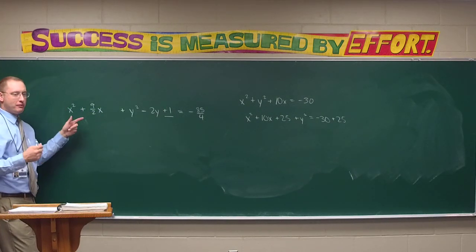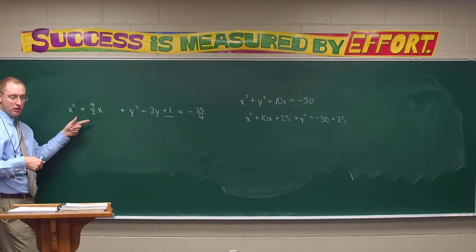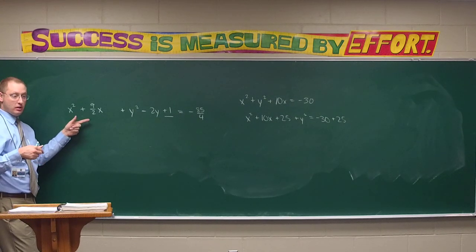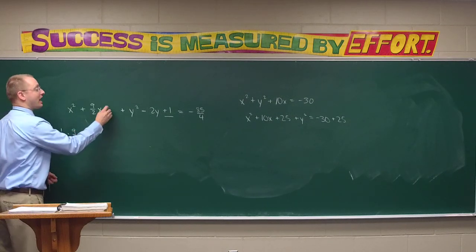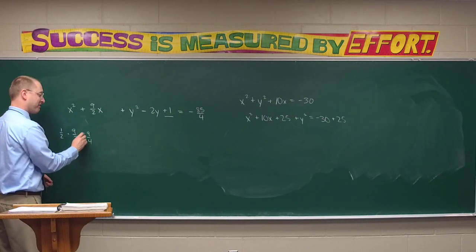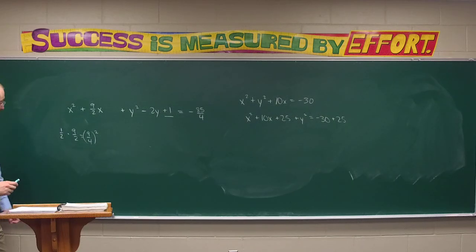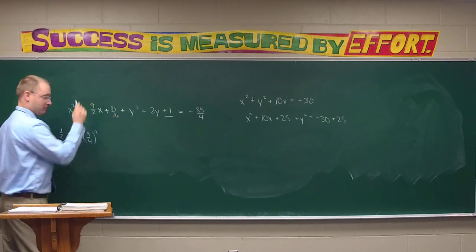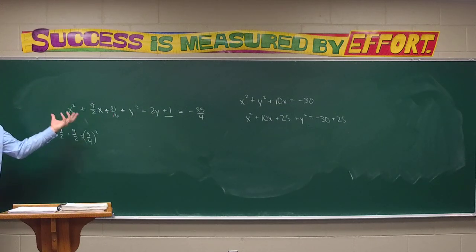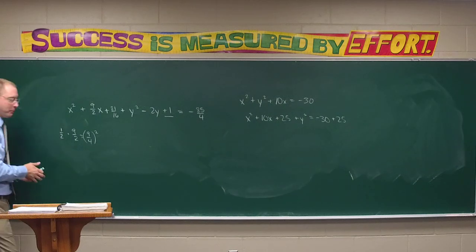What is half of 9 halves? 9 fourths. And then we have to half and square: 81 sixteenths. Not terribly hard, doesn't require a calculator, but a little annoying perhaps, right?